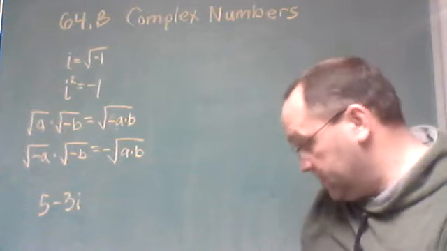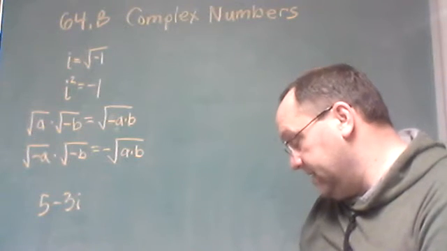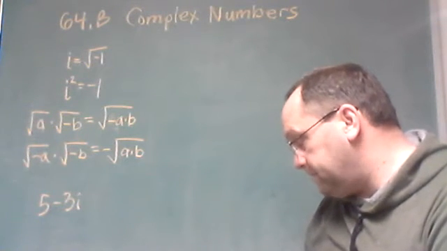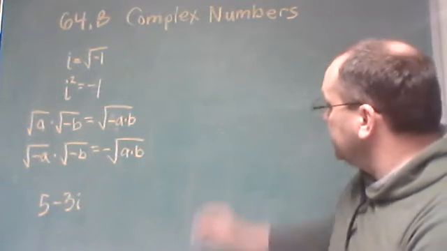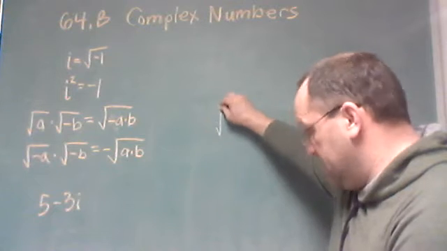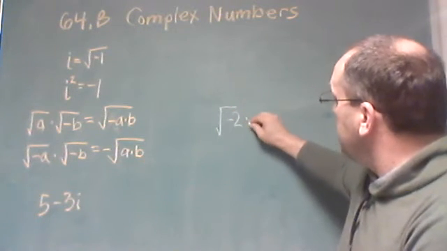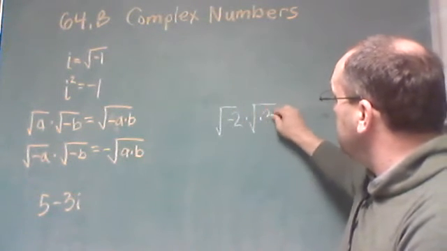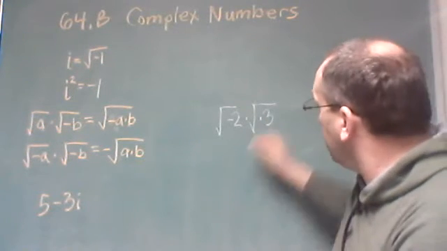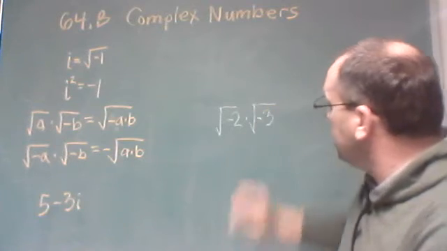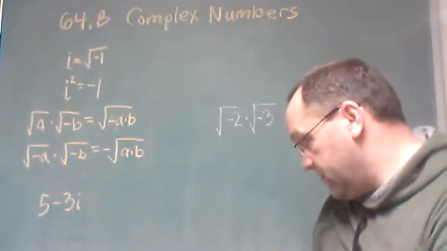Okay, let's go over the first example, 63.4. At the bottom of page 263, they say to simplify the square root of minus 2 times the square root of minus 3.